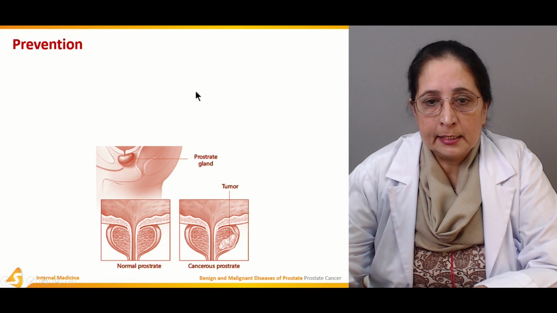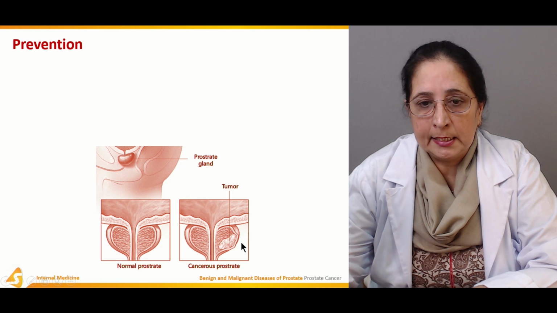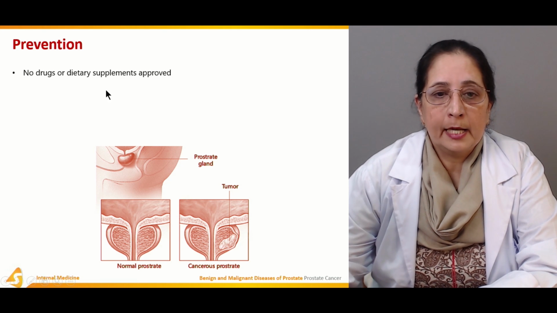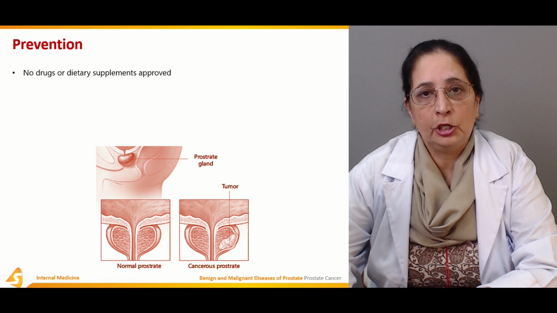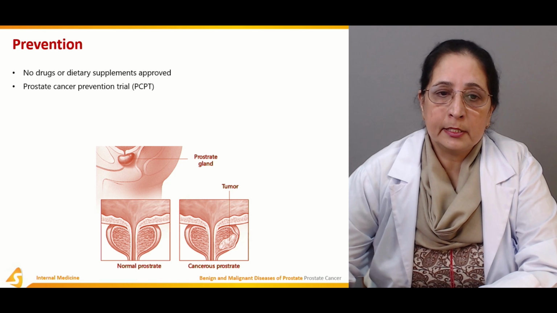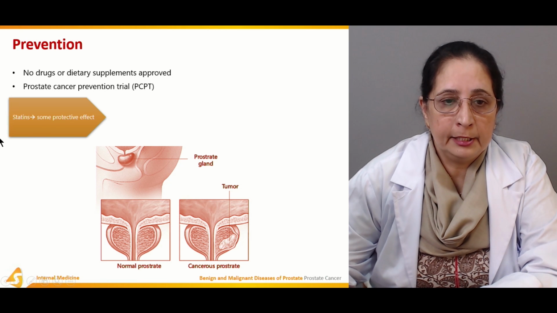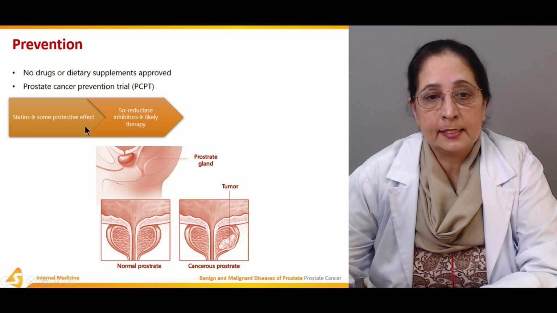Prevention, again, this is the prostate gland. This is the normal prostate, and you can see the prostate with the tumor. No drugs or dietary supplements are approved for the prevention of prostate cancer. The prostate cancer prevention trial is available, which is the statins, some protective effect.